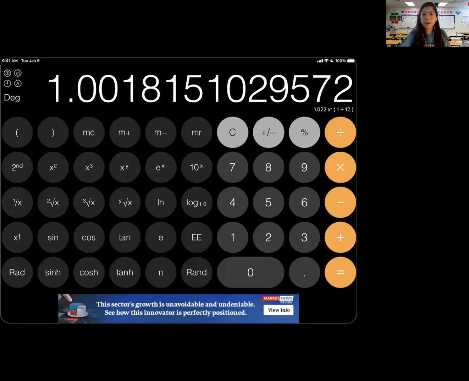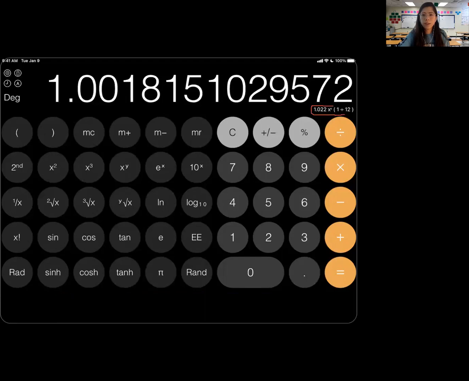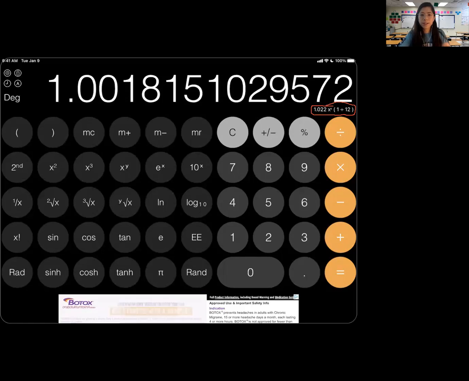And you can see my calculator shows me what I just did, over here in the corner. I did 1.022 XY, parentheses, 1 divided by 12, close parentheses. And then always make sure you hit enter. And here's what we get, 1.0018.